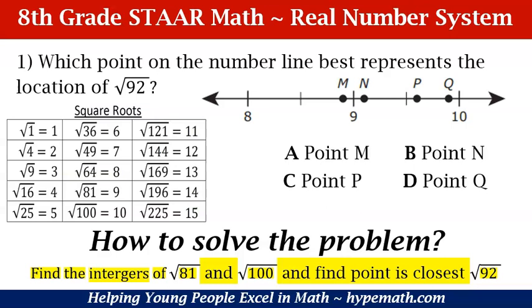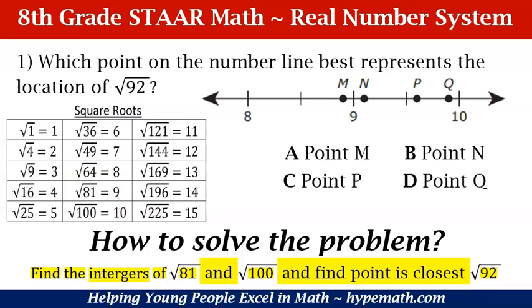It's in between the square root of 81, which we know the integer is 9, and also the square root of 100. So we will ask ourselves, is the square root of 92 closer to the square root of 81, or is it closer to the square root of 100? And that can help us eliminate some of our answers.